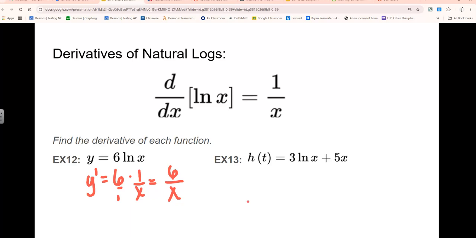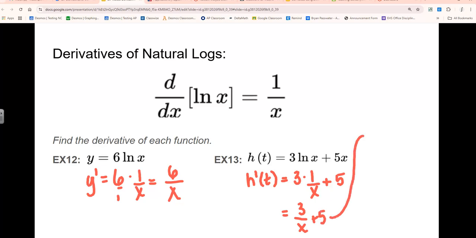You might see some of these in like a combination sort of problem where parts of it are natural logs and parts of it are just regular derivatives. So if you see this, you would have 3 times 1 over x plus our derivative of 5x would just be 5. And so that would be 3 over x plus 5.